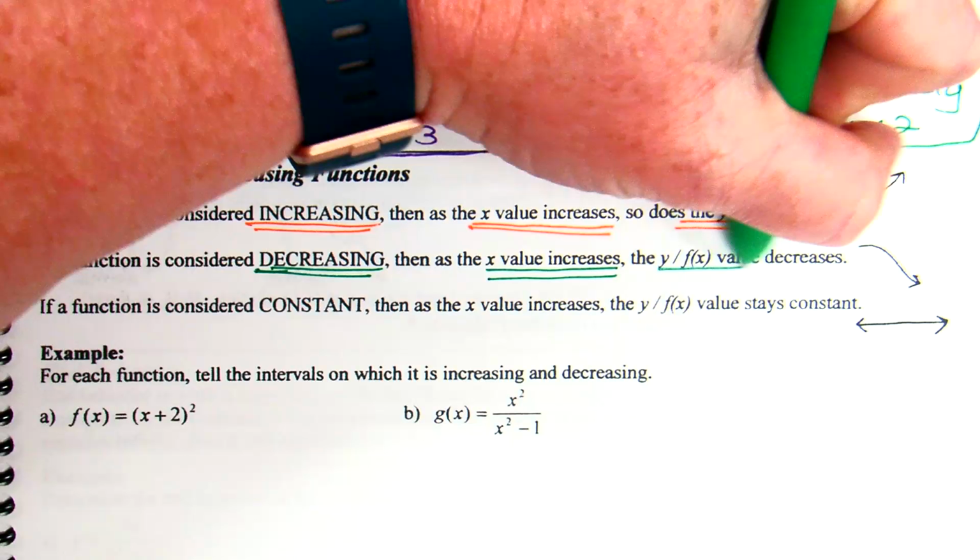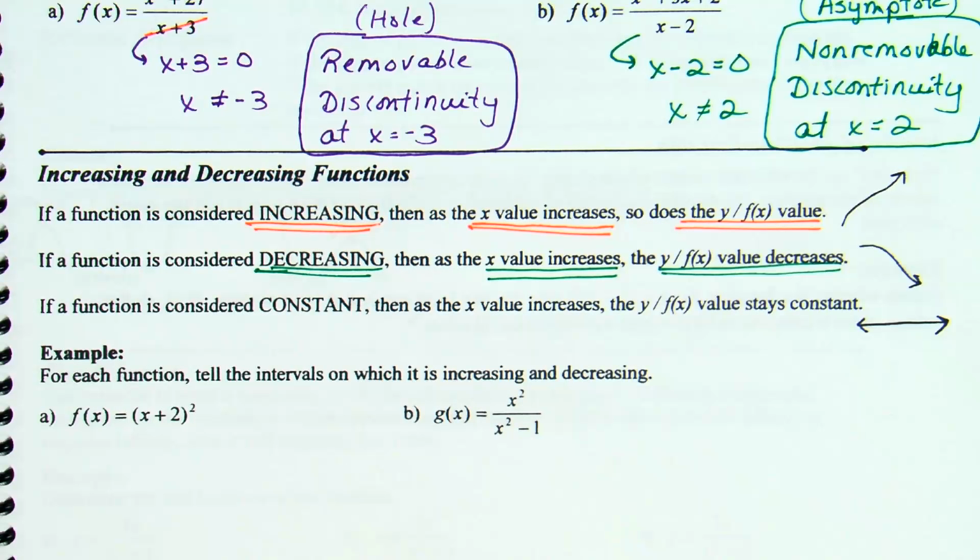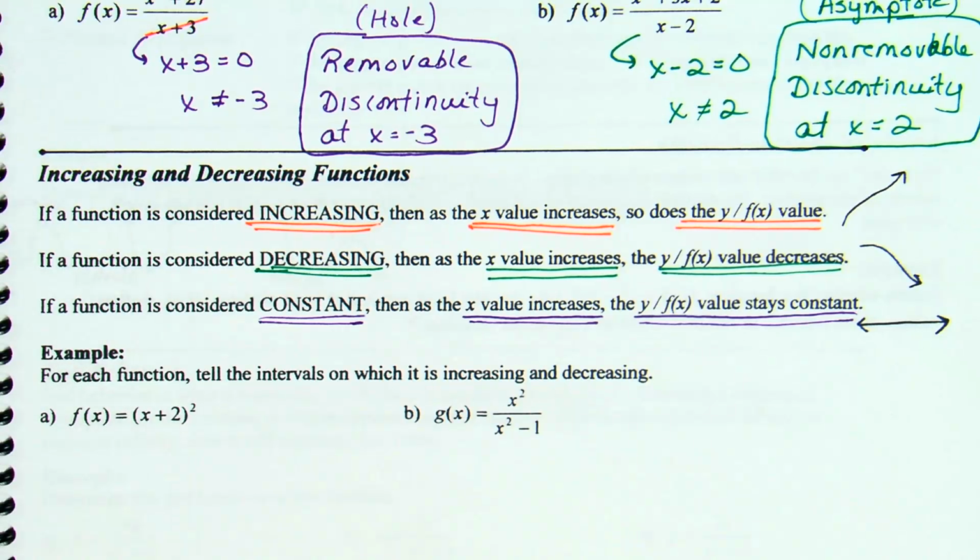And then the third, which I'll be honest we don't usually use: a function is considered constant if as the x values increase, the y values stay constant. You'll notice an example there, a horizontal line. That would be a constant function because the y values are staying constant.